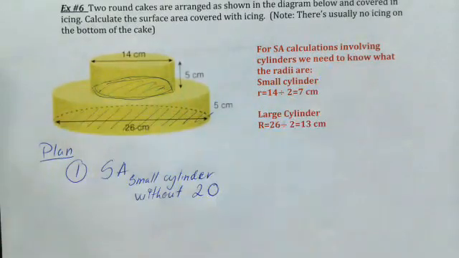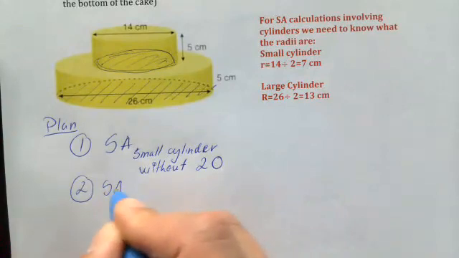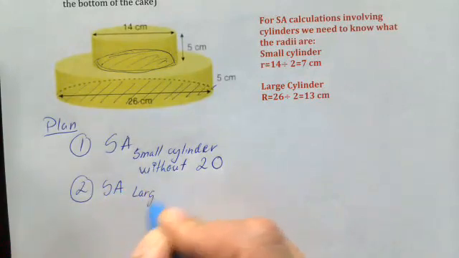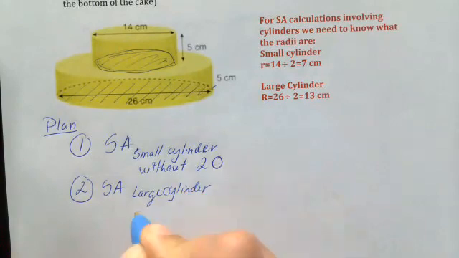So it's the same type of circle. And then step number 2 is going to be the surface area of the large cylinder without what?